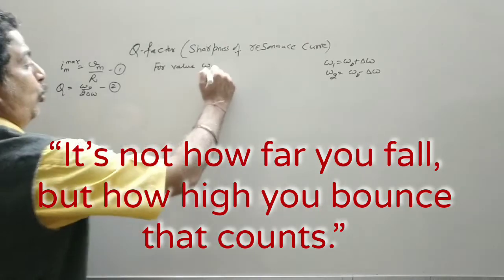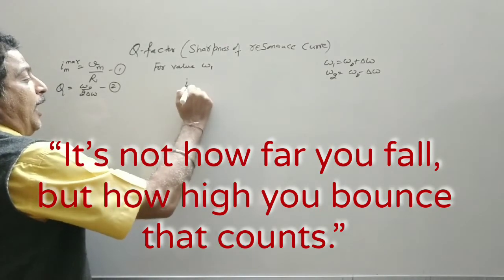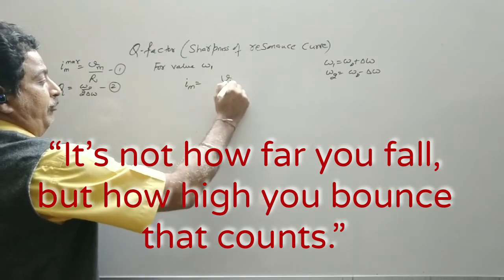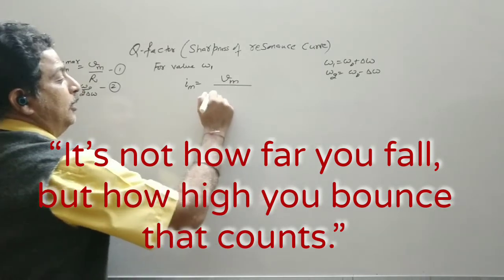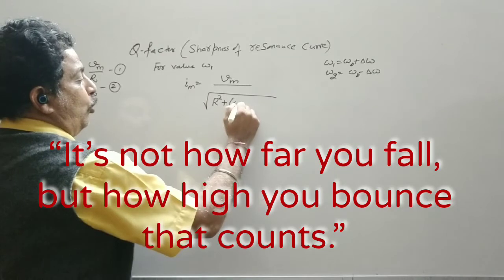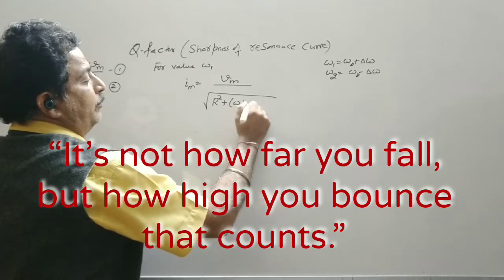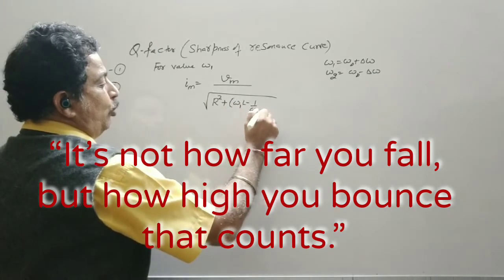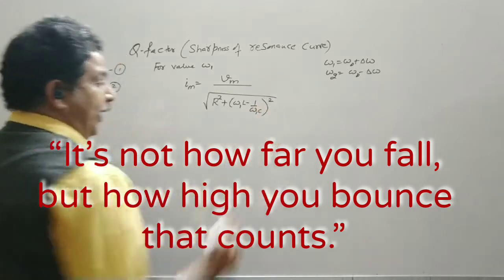Now for the value omega 1, Im can be written as Vm upon under root R square plus omega 1 L minus 1 upon omega 1 C whole square.